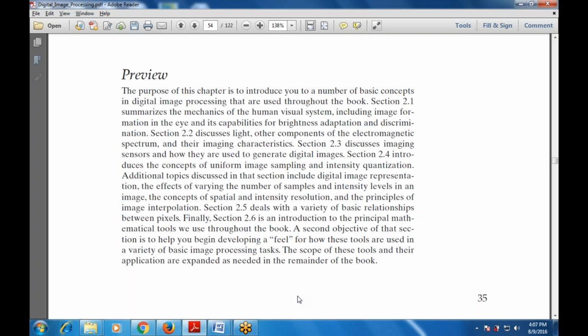There are multiple mathematical tools that we use throughout the book, and the main objective is developing a feel for how these tools are used, what the scope of the tools is, and how applications are expanded as needed in the remainder of the book.